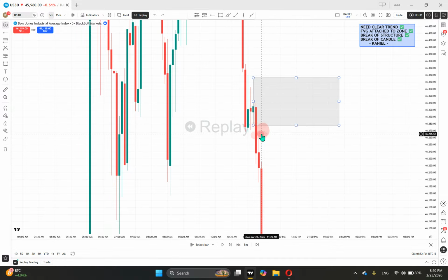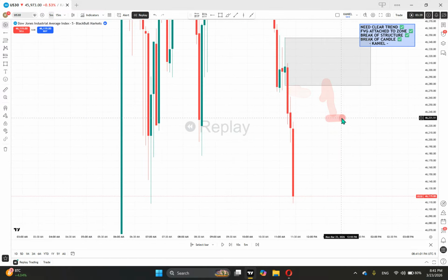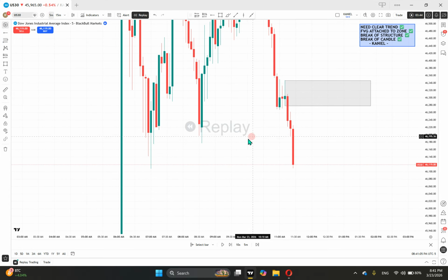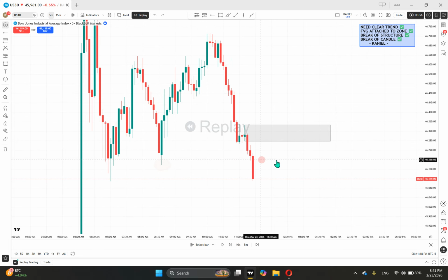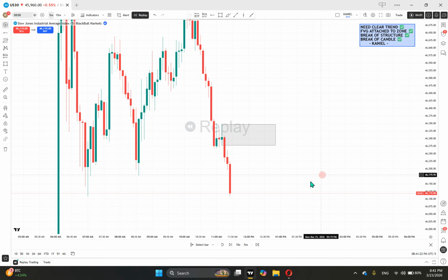So this space right here, we need to see price reverse back into the zone, fill this gap, tap, or enter on the break of candle. The break of structure was that price made this low, which broke below this low. This was a minor break of structure. So now I'm waiting on price to pull back to the zone.